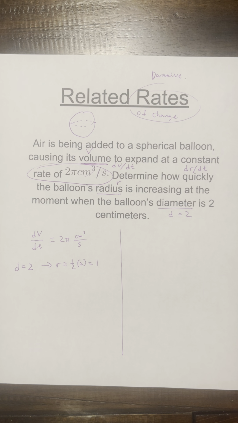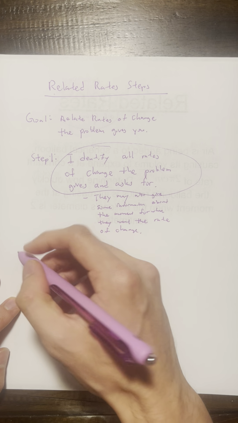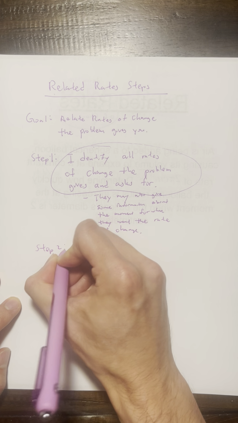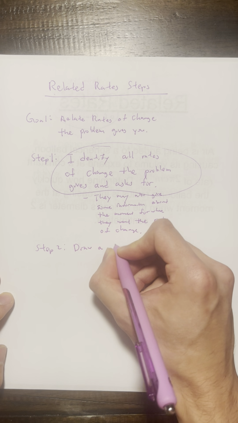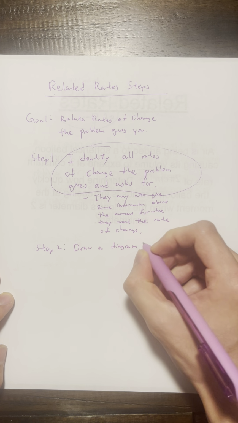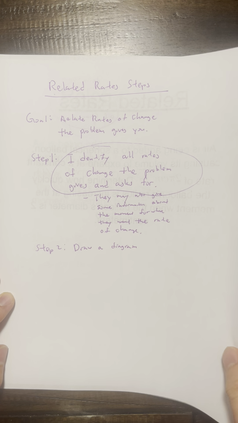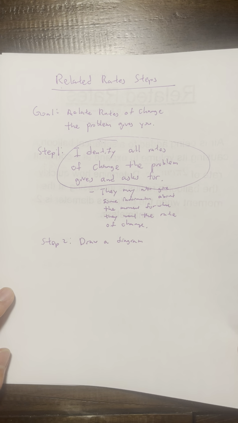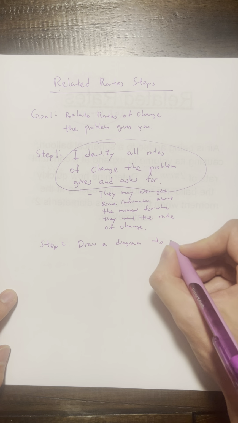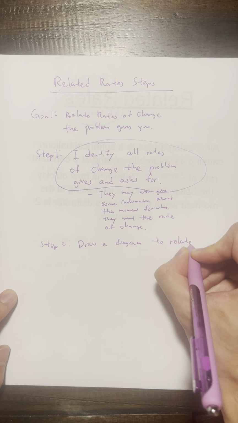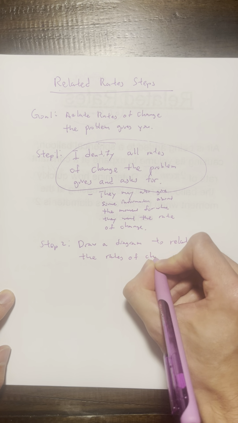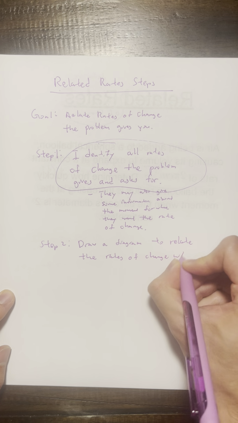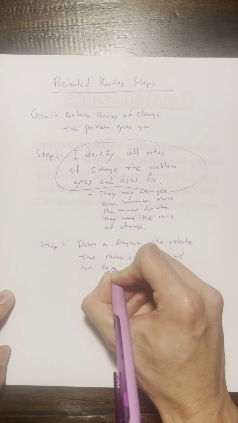So, step 2. Actually, we already kind of did step 2 a little bit. Step 2 would be to draw a diagram. We just drew a sphere. But draw a diagram to help you relate the rates of change with an equation.